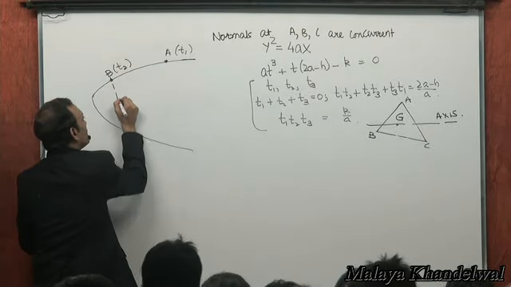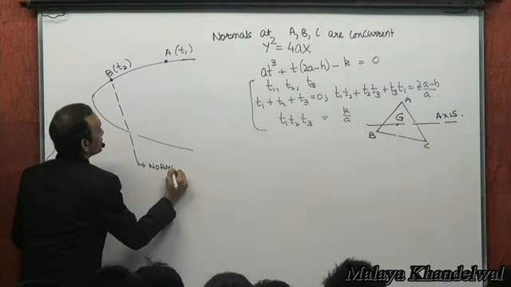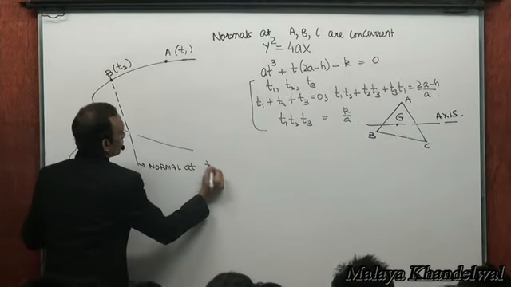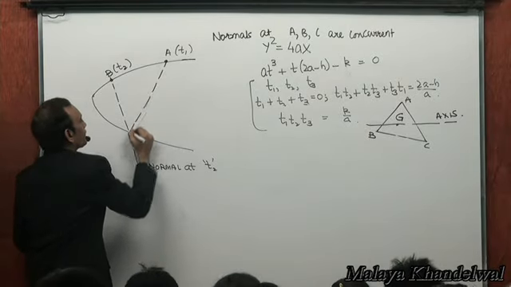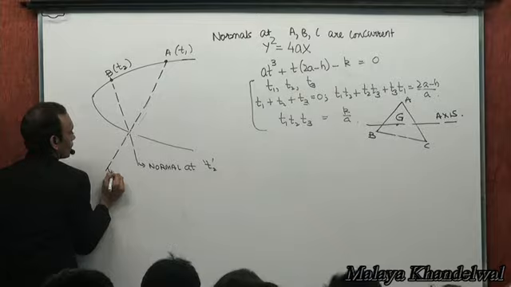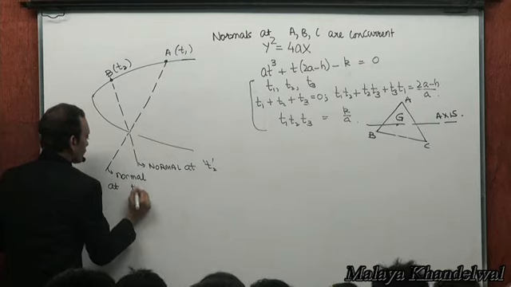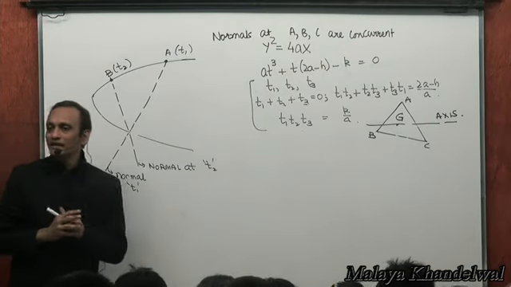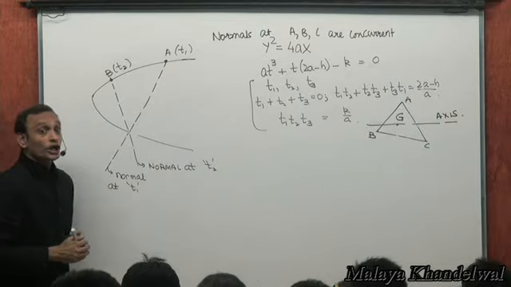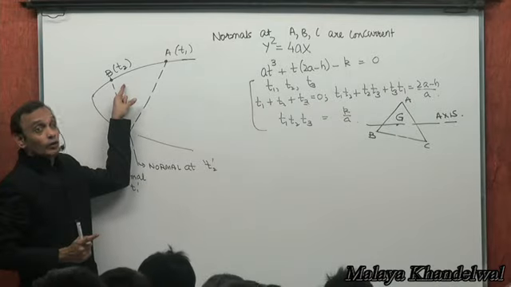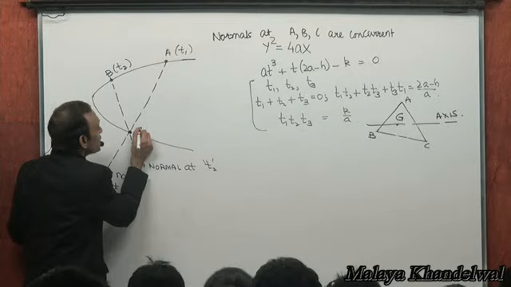I draw a normal at B. This is a normal at B. This is a normal at T2. And draw a normal at A. I draw a normal at T1, that is. Right? And I find that the normals at 2 points of the parabola, they happen to intersect on the parabola. Suppose they intersect at C on the parabola.